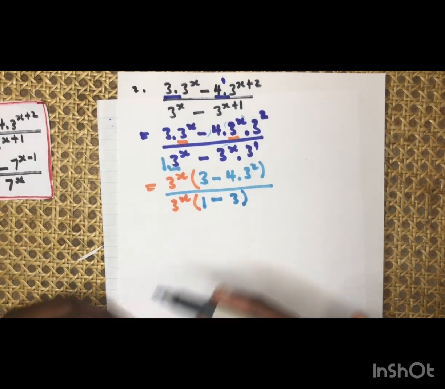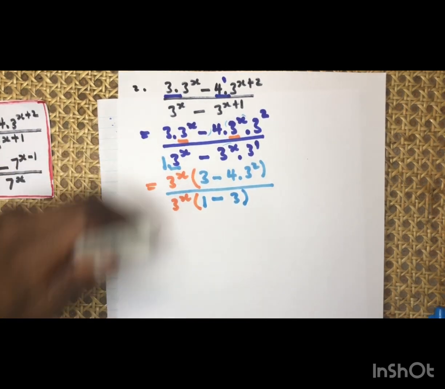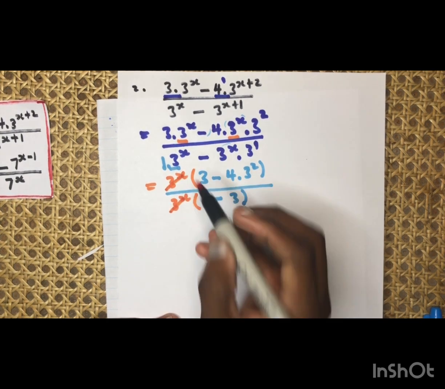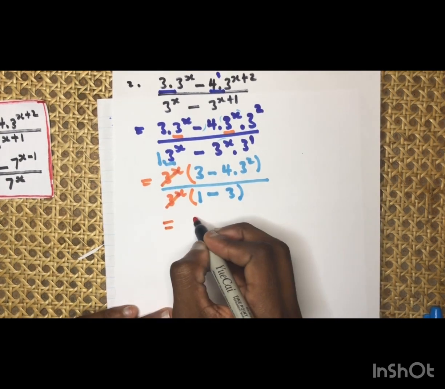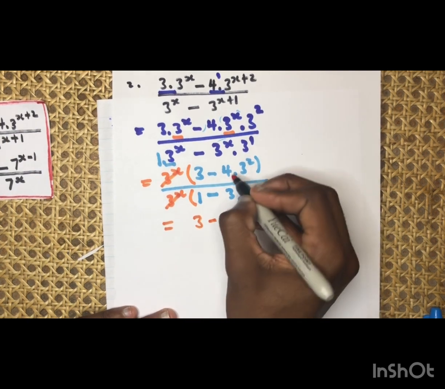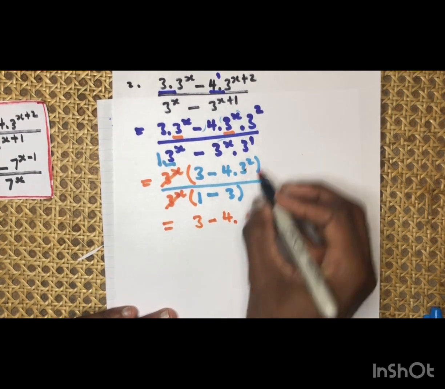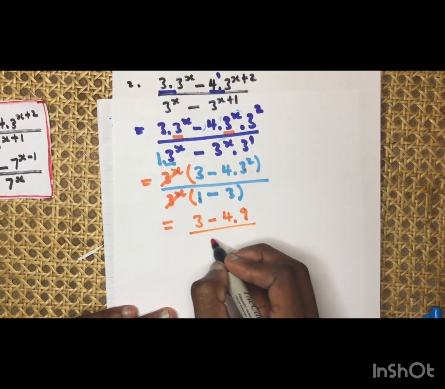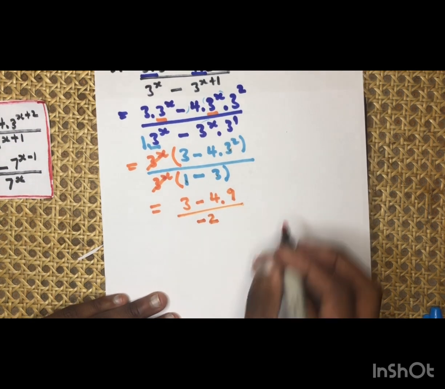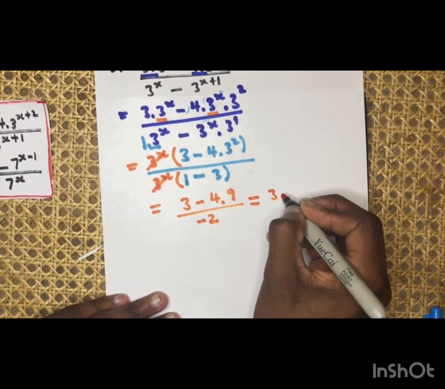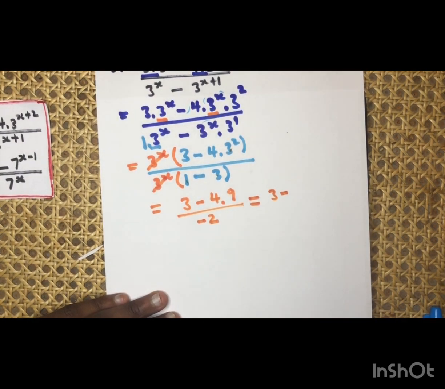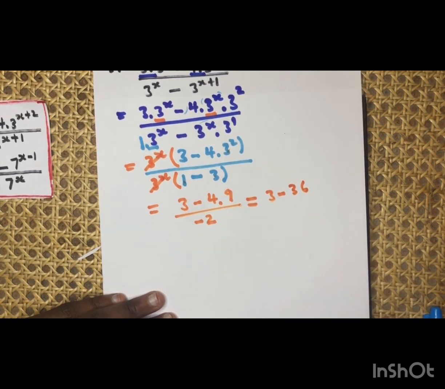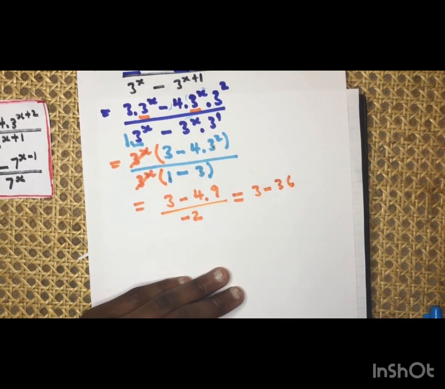Understand? So now it's easy, guys. Can you see that here the powers are the same and the bases are the same, so this will cancel out. So now what do we have here? We have 3 minus 4 times 3 to the power 2, which is 9, over 1 minus 3, which gives negative 2. So this is 3 minus 4 times 9, what do you get? You get 36. Are we together?